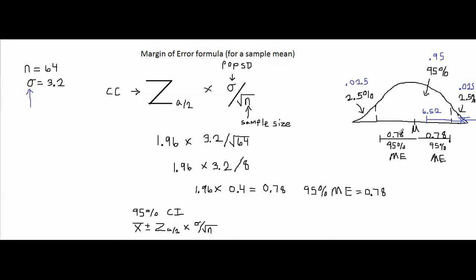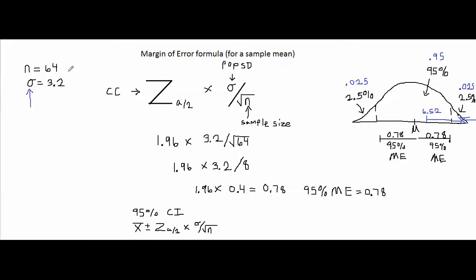The margin of error also gets smaller when the sample size increases. So let's imagine that instead of taking a sample of 64 people, I took a sample of 100 people. If I did that, this margin of error would shrink down to a smaller number. For example, it might become 0.45 or 0.35.